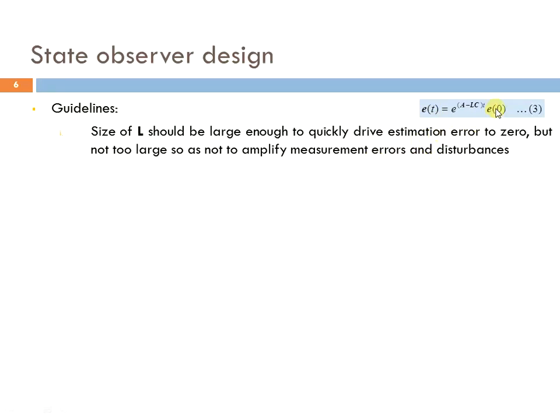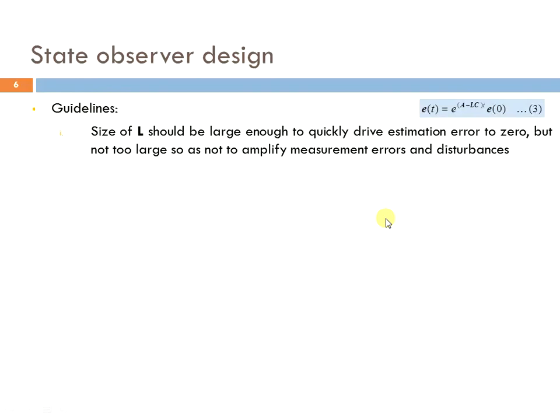We know from this expression that the larger the value of this exponential matrix, the faster the error is going to decay to 0. So that hints that we want to design the value of L to be as large as possible, so that whatever error may be present initially can be driven to 0 as quickly as possible.